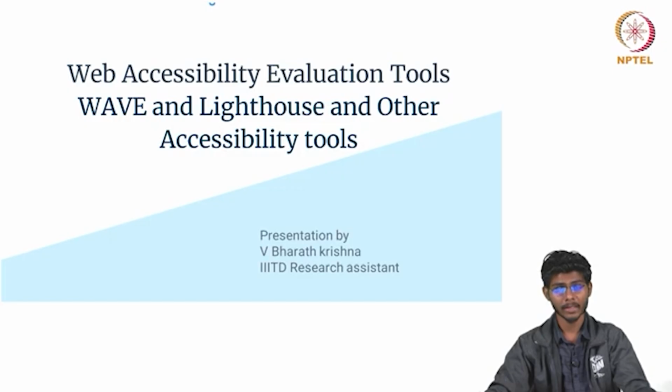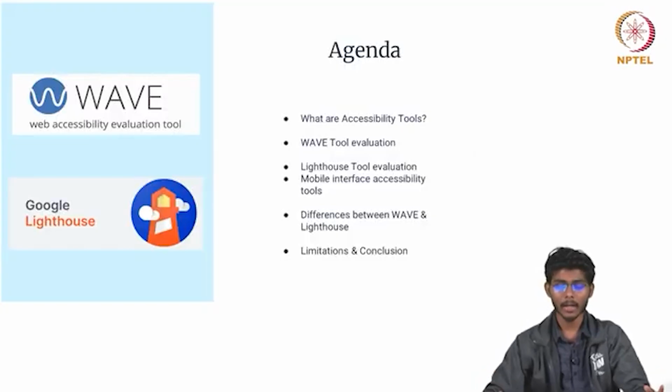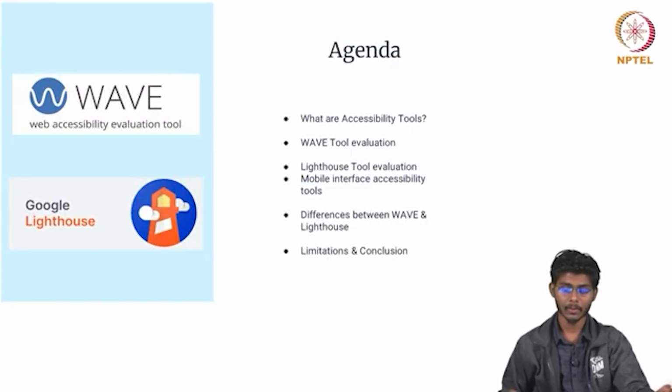So, in this session, we will mainly deep dive into the topics of the Wave evaluation tool and the Google Lighthouse evaluation tool. So, coming to the agenda, what are accessibility tools?